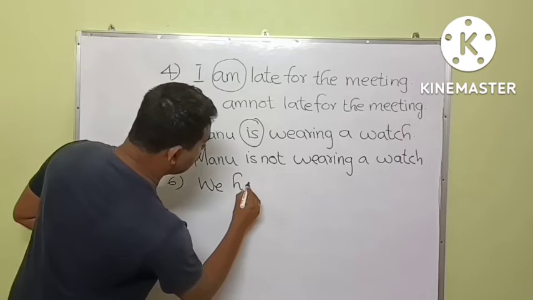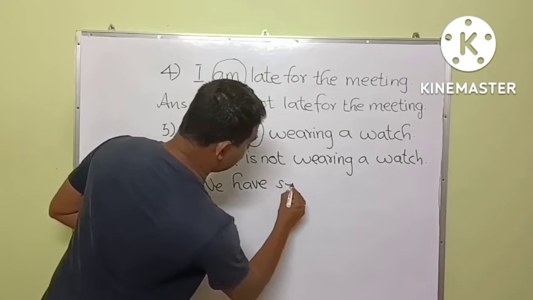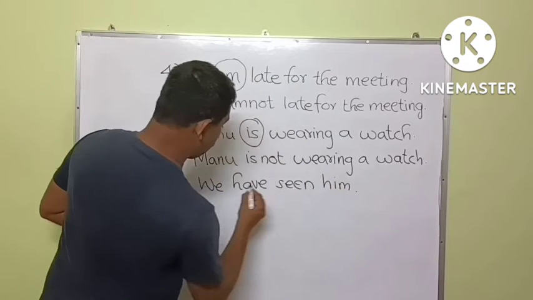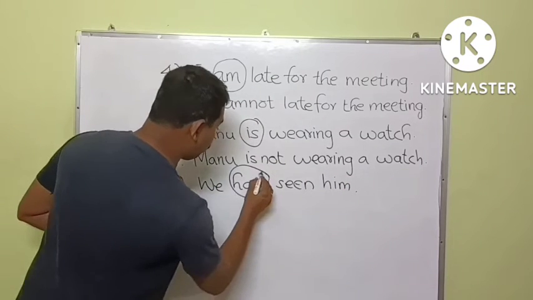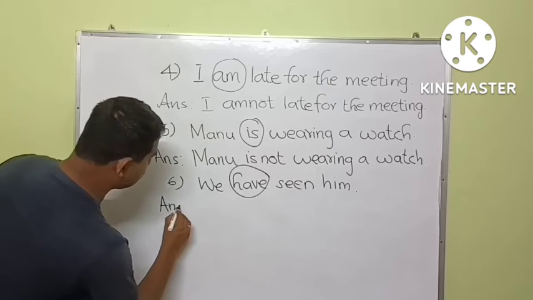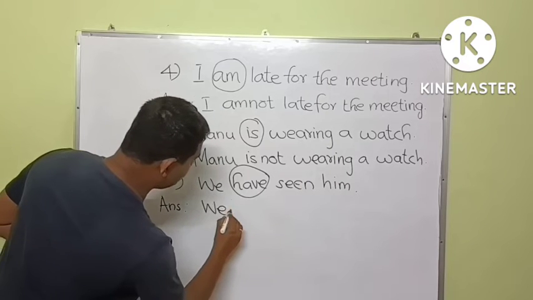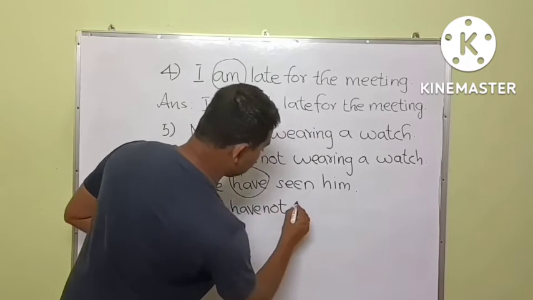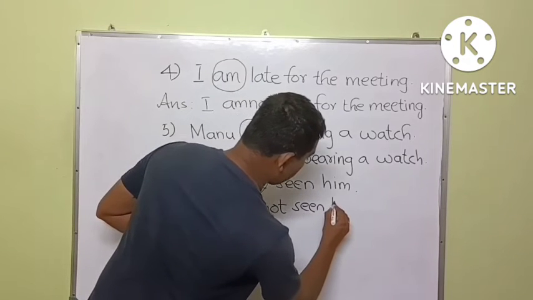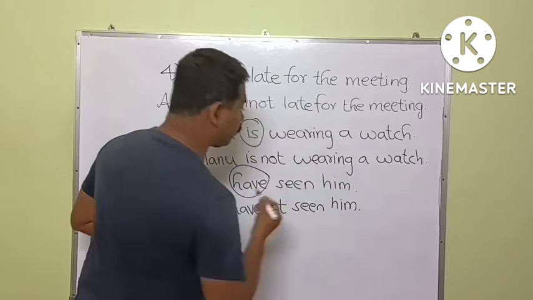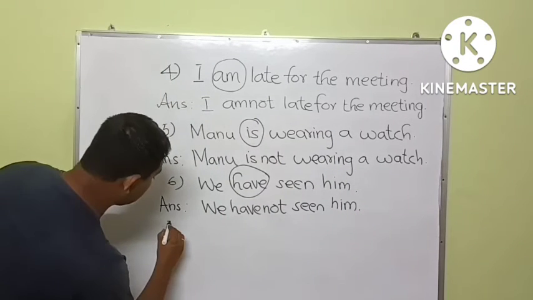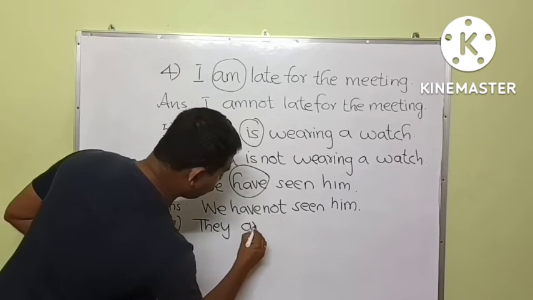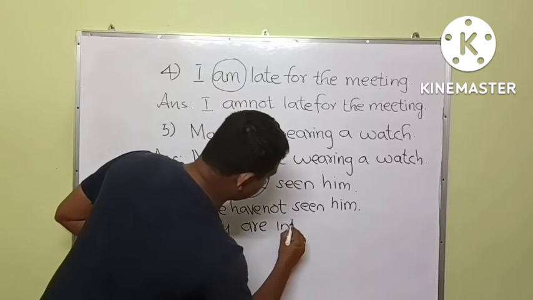We have seen him, full stop. The auxiliary verb is have, then the answer is we have not seen him, full stop. 7th one, they are intelligent.